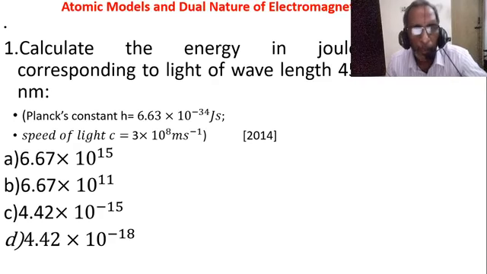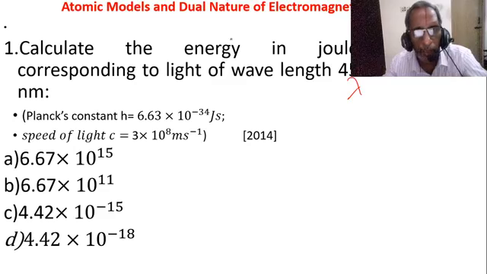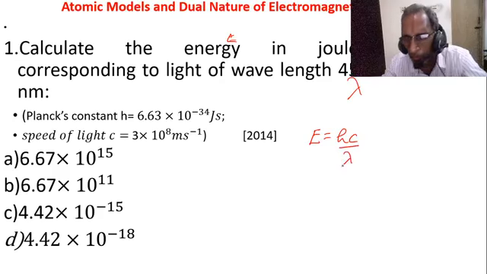Calculate the energy in joule corresponding to the light of wavelength. Wavelength is given, lambda is given, energy is asked. So formula is E is equal to hc by lambda. Kanishka also note, E is equal to hc by lambda.